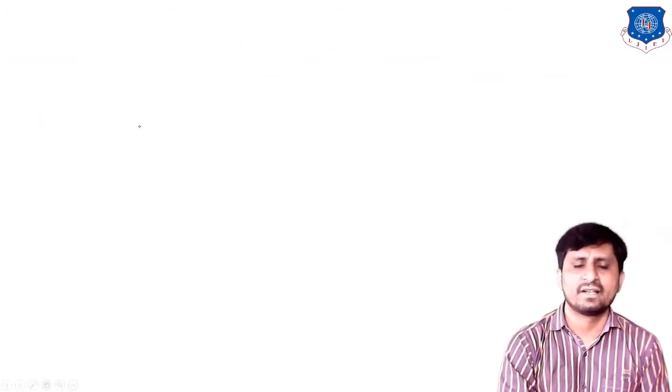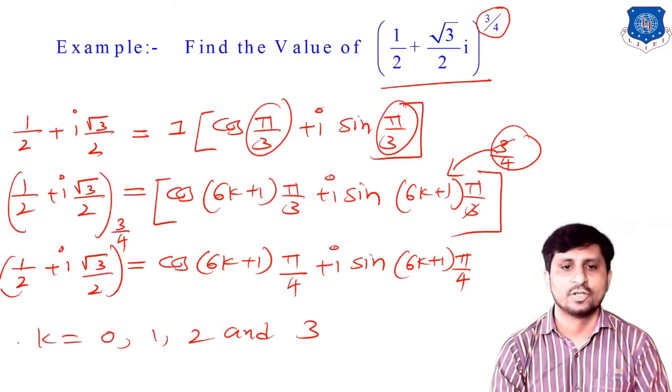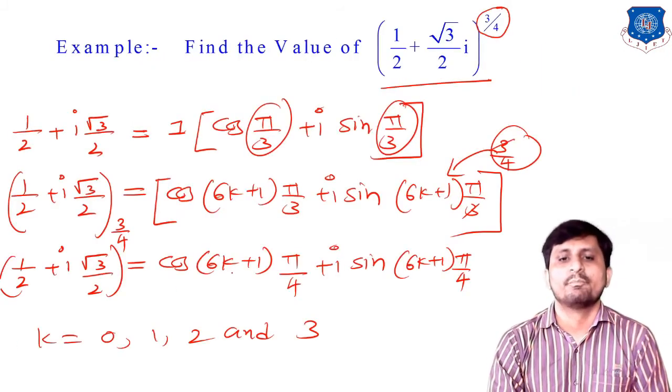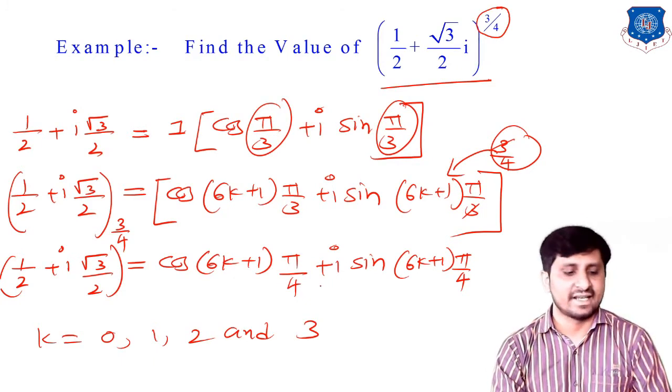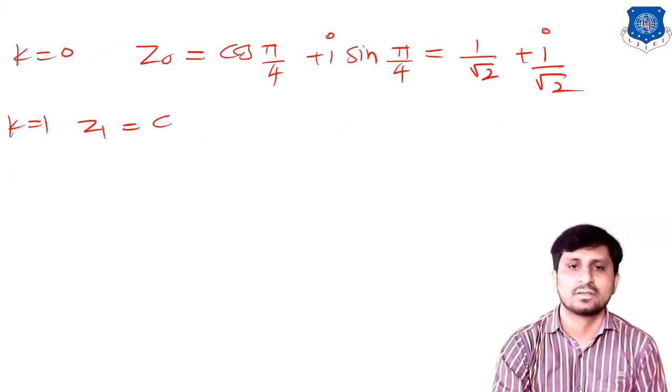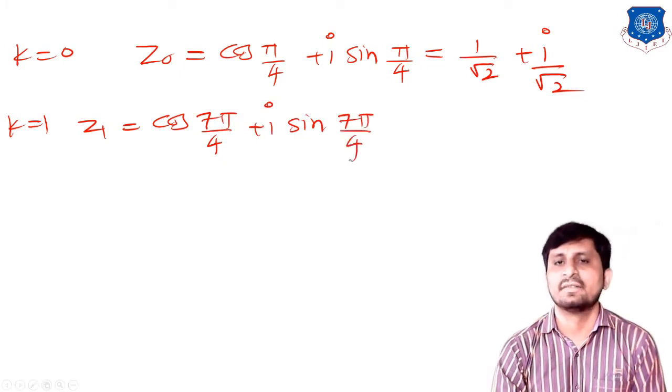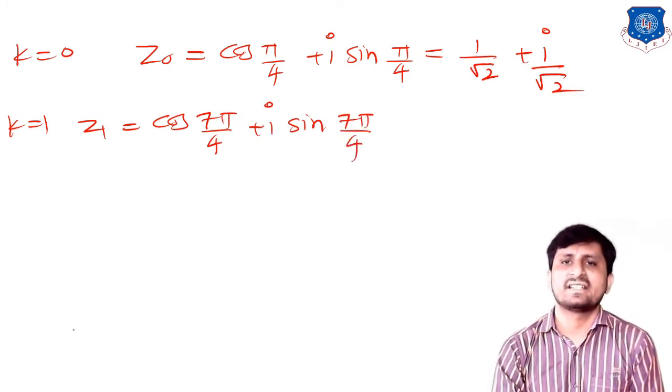So the value of z1, taking k equal to 1 here, is cos 7 pi by 4 + i sin 7 pi by 4. And 7 pi by 4 can be written as 2 pi minus pi by 4, correct?